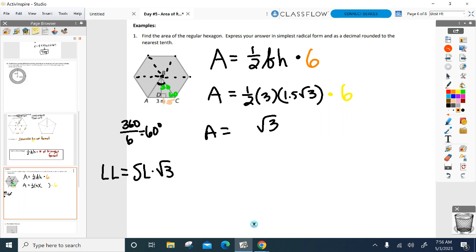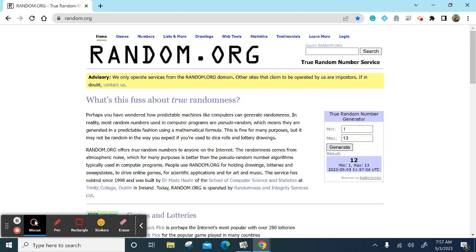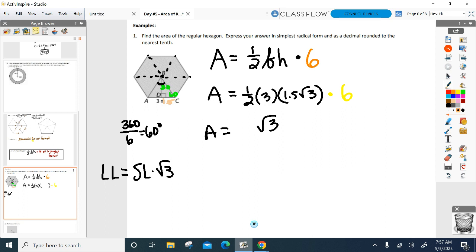Okay, simplest radical form, put the radical 3 in there and then multiply everything else for me. 13.5 radical 3. You got it. 13.5 radical 3.